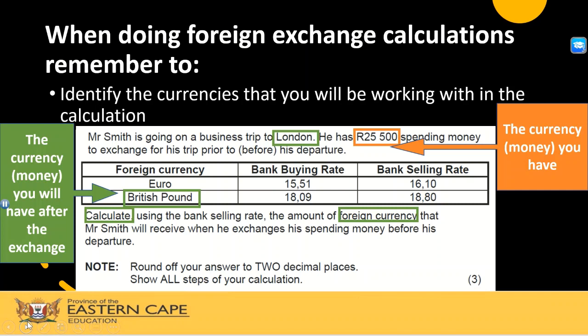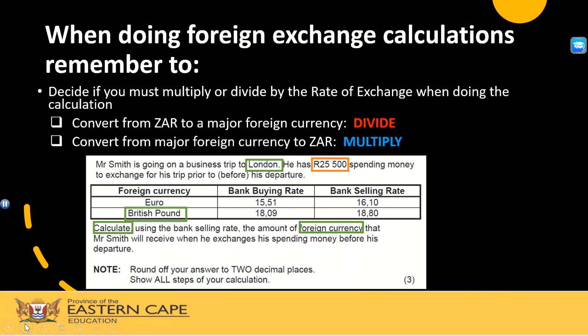We now need to decide, should we divide or should we multiply? We have rand. We want to know how much British pound we will have after the calculation. So going from rand to British pound, we will be required to divide. And you will see that on your screen at the moment.